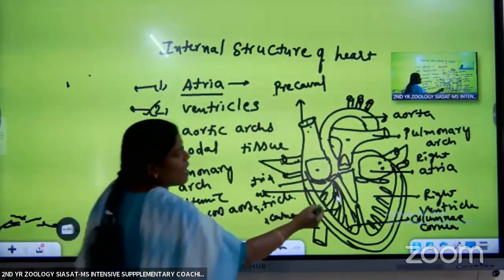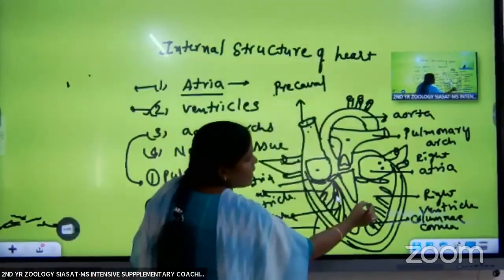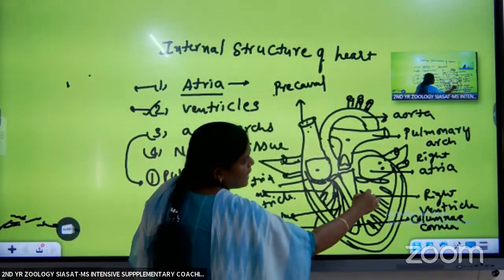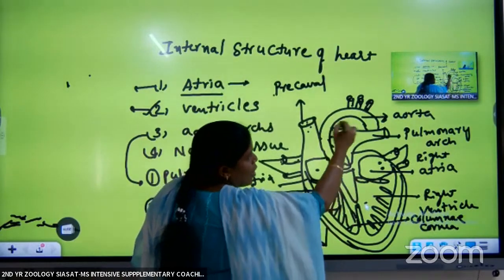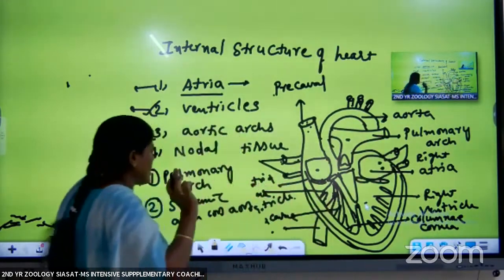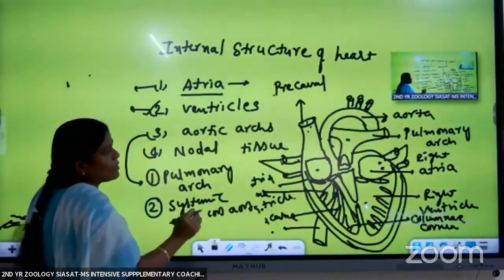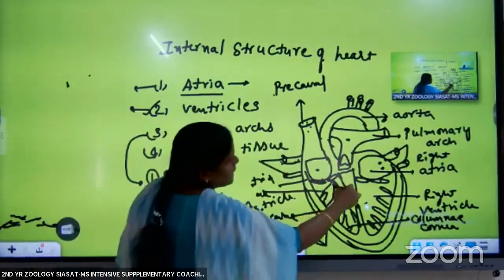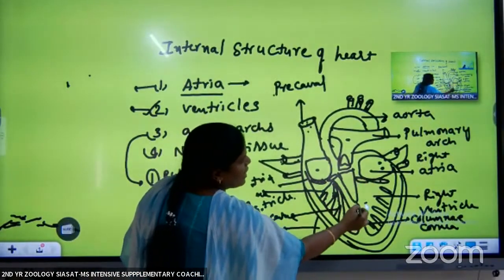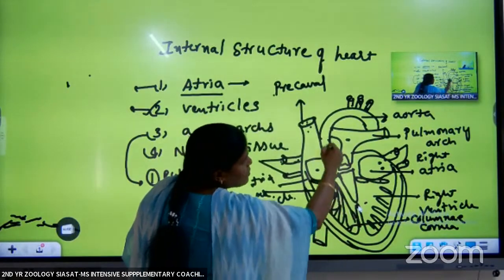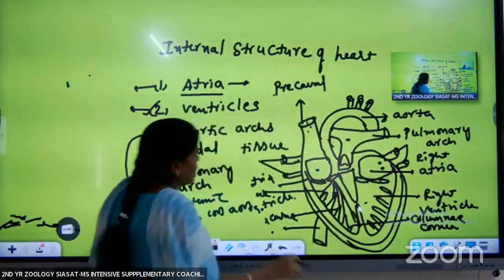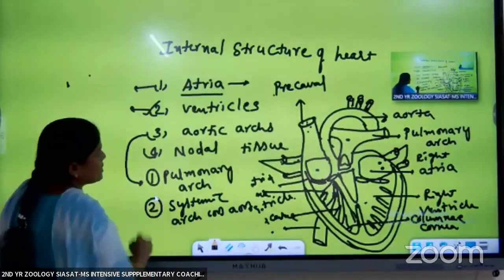It arises from the left ventricle and carries the oxygenated blood out and circulates it to all parts of the body. That is about the systemic arch.